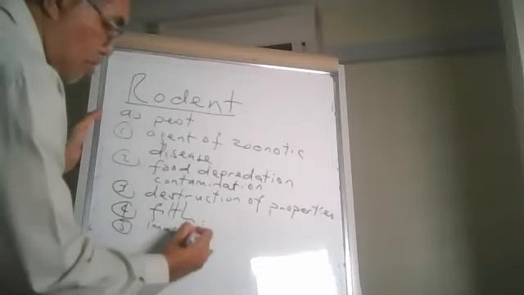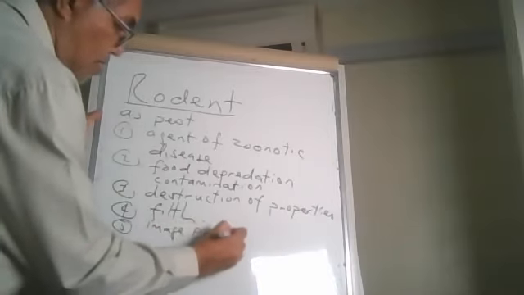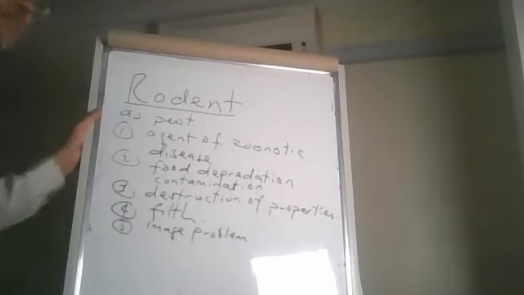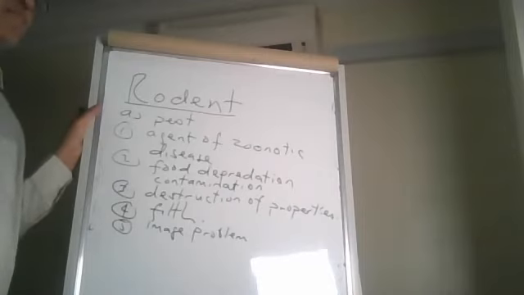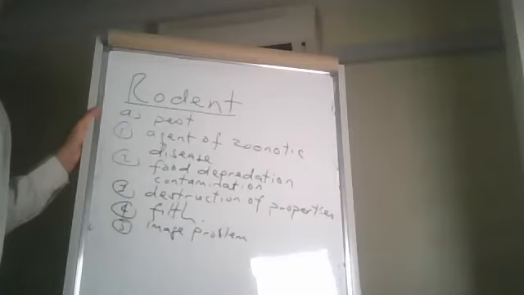Image problem. Especially when you patronize a restaurant, kalau anda makan di restoran, a plush one, high class. So what happened when you see a rat scampering on the floor?